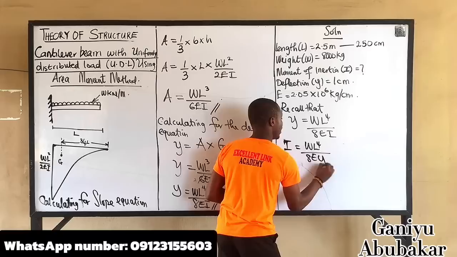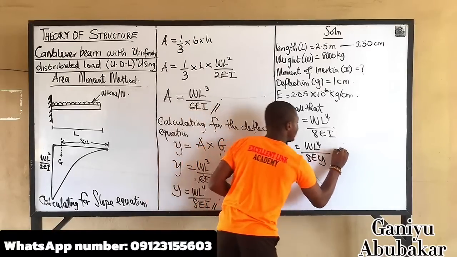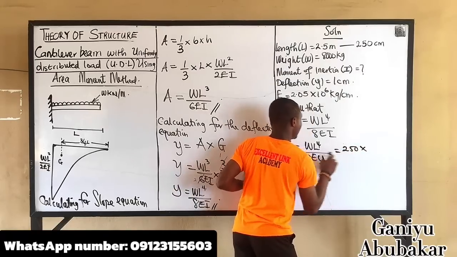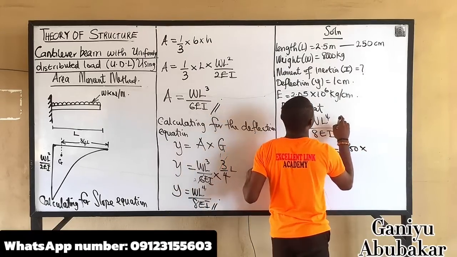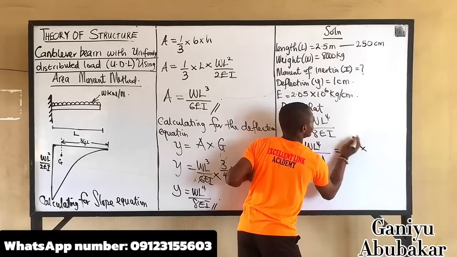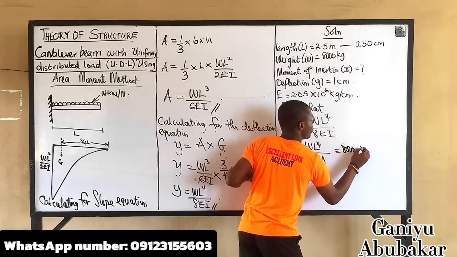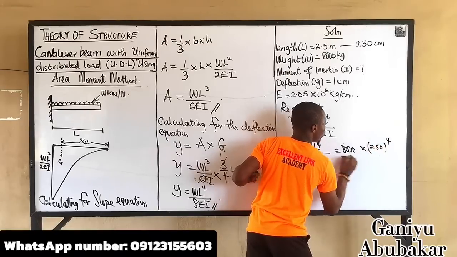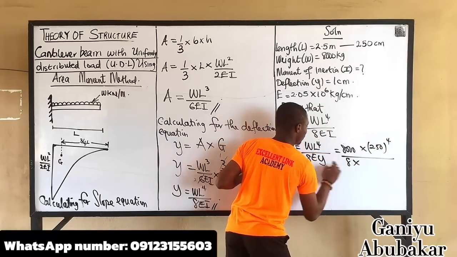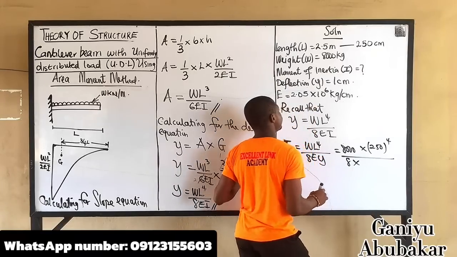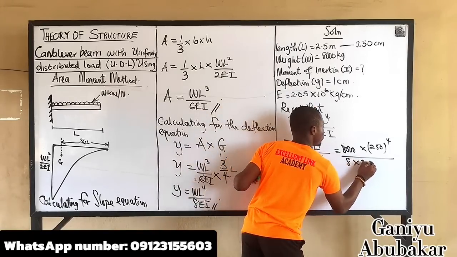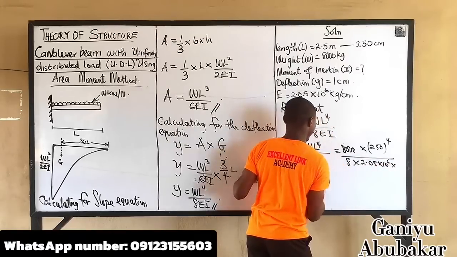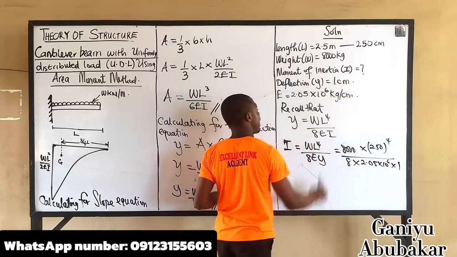Take Y back here. W is 8,000, multiplied by my length, 250, all to the power 4, all over 8 multiplied by E, which is 2.05 times 10 to the power 6, multiplied by Y, which is 1.